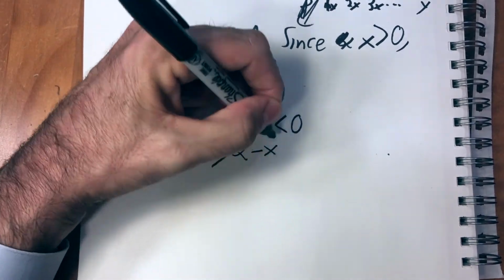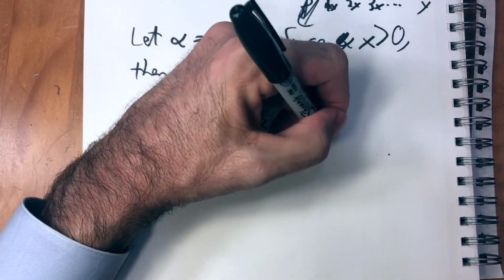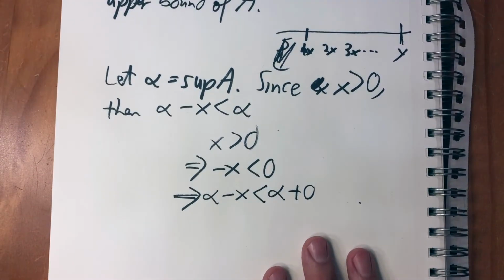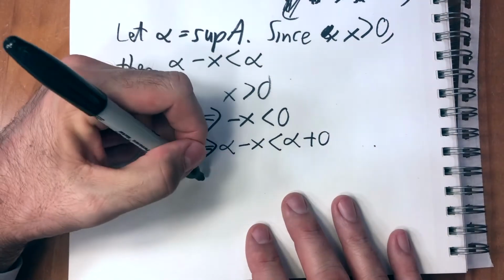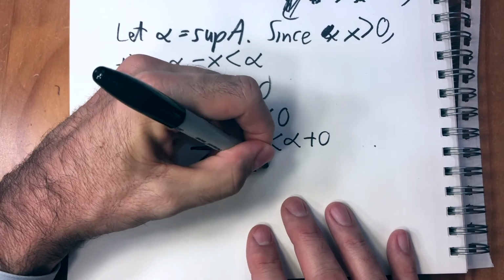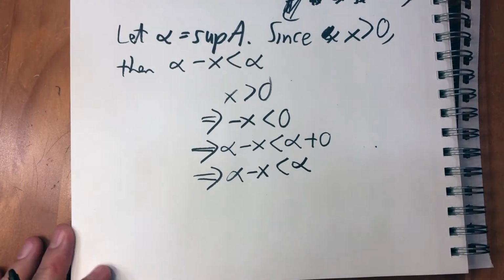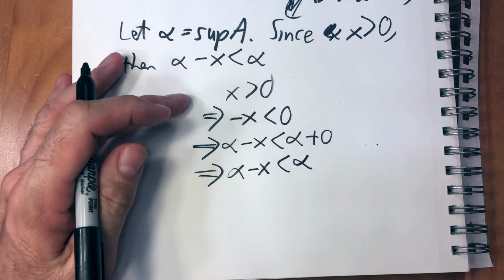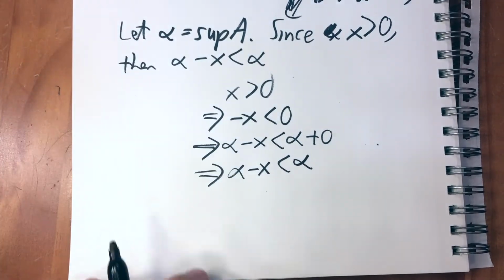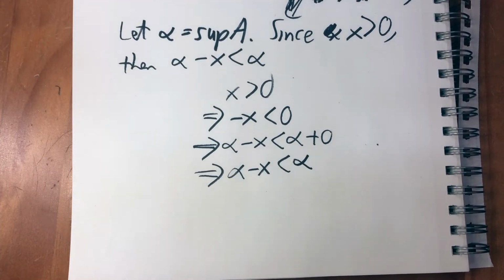So we have alpha minus x is less than alpha plus 0. And we're there. Alpha minus x is less than alpha, identity, right? I think that's obvious, but it's good to be able to identify them if you need to, and it's good practice to try to do it.